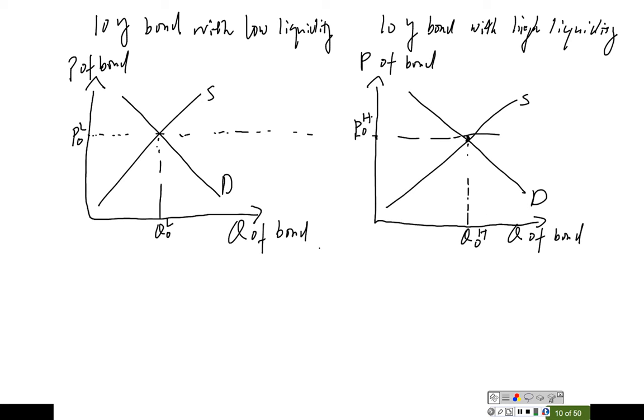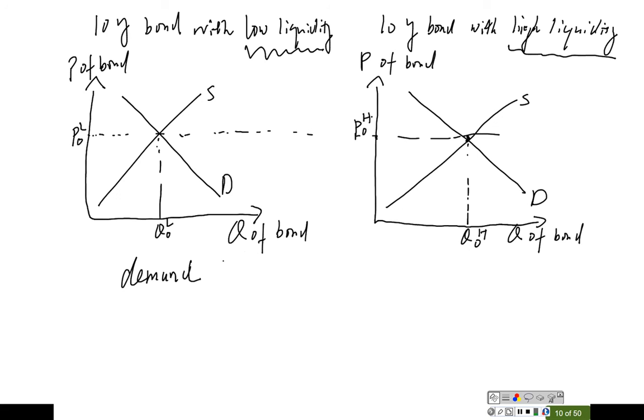So what happens after investors find out this bond has a low liquidity and this bond has a high liquidity? Does liquidity affect bond demand or supply? Recall that liquidity is a factor that affects bond demand. Because of the low liquidity, what happens to the demand in this bond market?